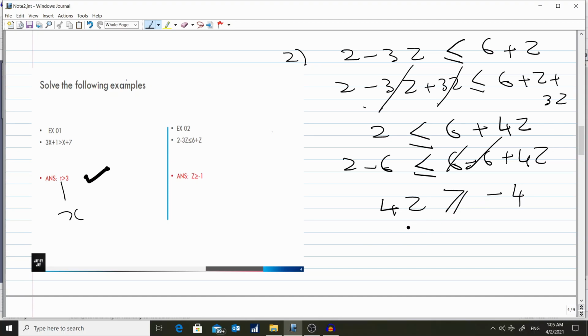Here again we need to isolate only the z component. We can do that by dividing both sides by 4, and 4 is a positive value, therefore the inequality direction won't change. So we divide both sides by 4 and we'll get z greater than or equal to minus 1.